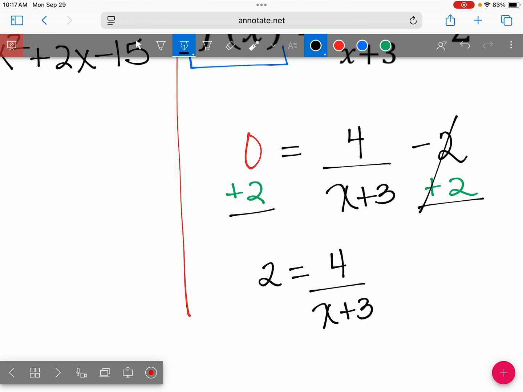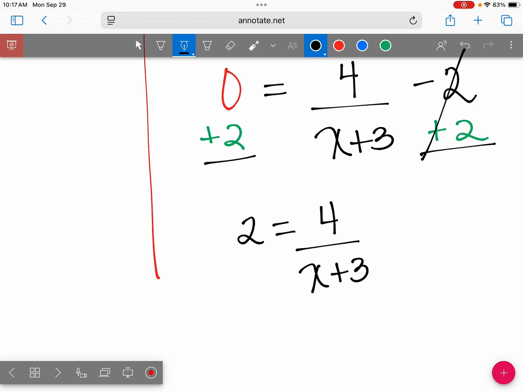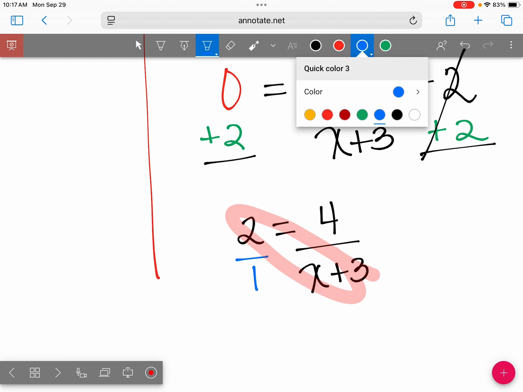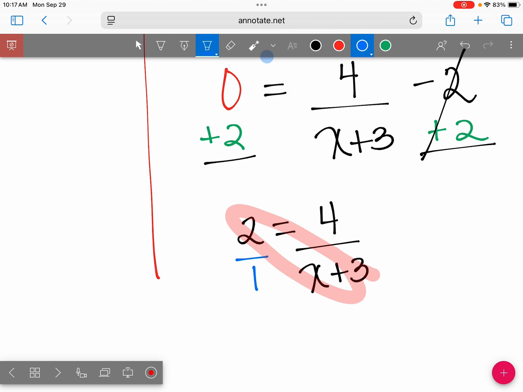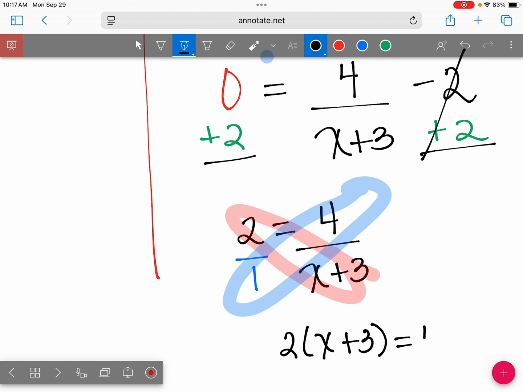Now I'm going to just write this as a proportion, which is optional, but I find that some students like to make both sides a proportion as they cross multiply. But I'm multiplying these two sides, and I'm also multiplying the opposite two sides. So when I do that, I get 2 times x plus 3 equals 4 times 1.